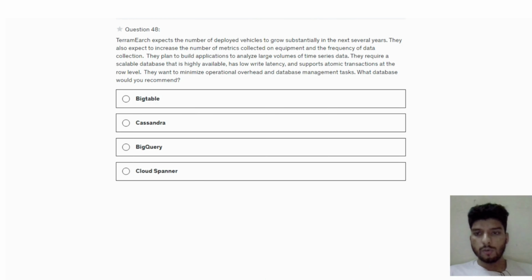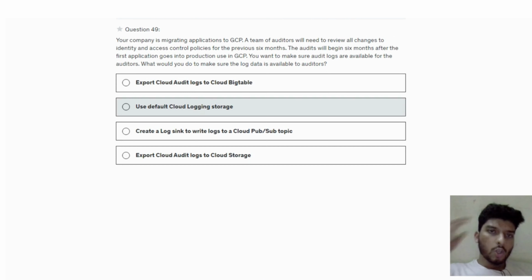So moving ahead to question 49. Your company is migrating applications to GCP and a team of auditors will need to review all the changes to the identity and access control policies for the previous 6 months. The auditors will begin 6 months after the first application goes into production use in GCP.